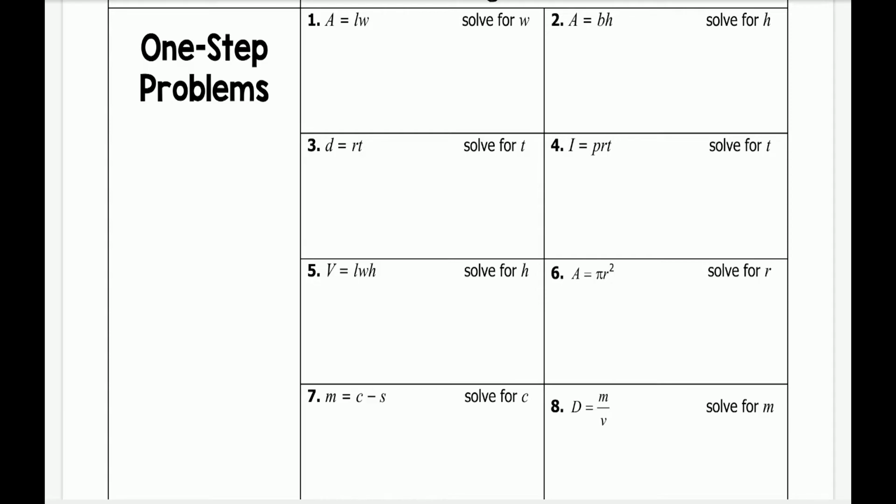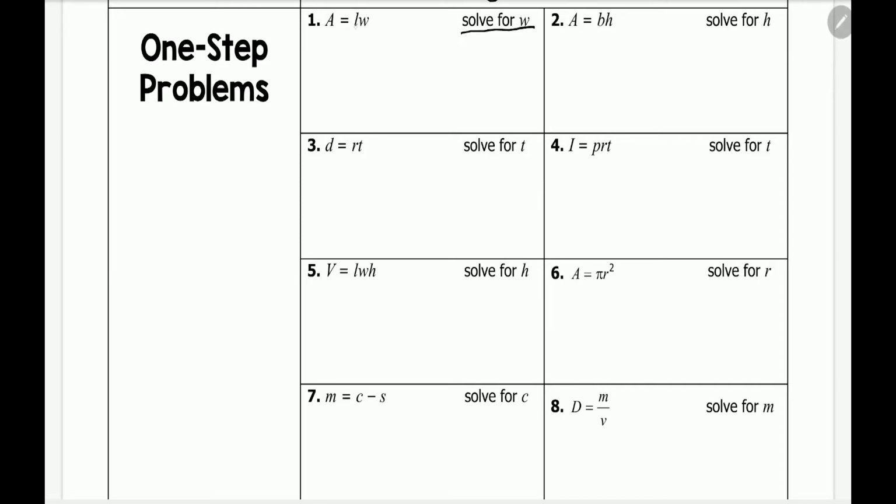We have A is equal to L times W. In other words, this is the equation for area of a rectangle or some sort of shape like that. We have that the area is equal to the length times the width. And we're asked to solve for W. In other words, we're trying to figure out what the width is. So in order to do that, what letter do we have to get rid of?